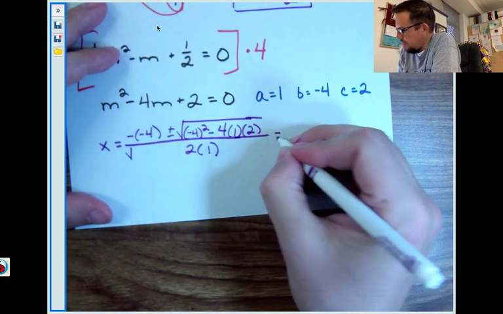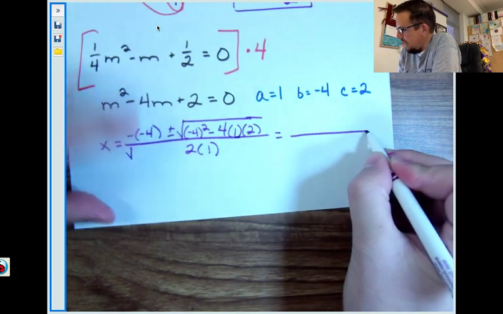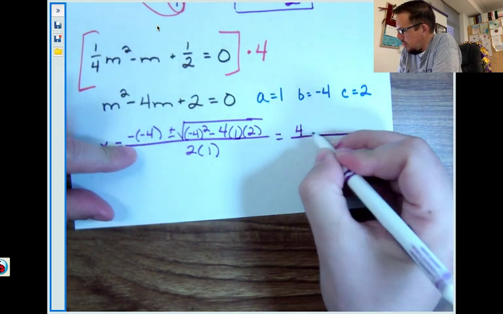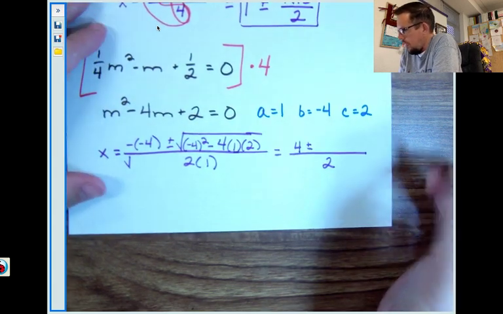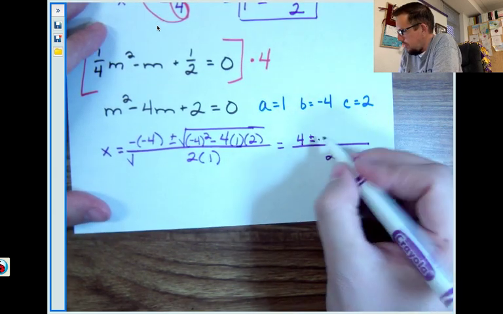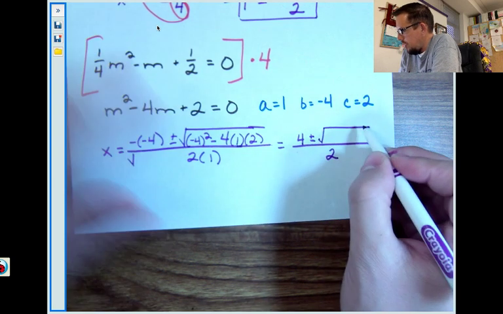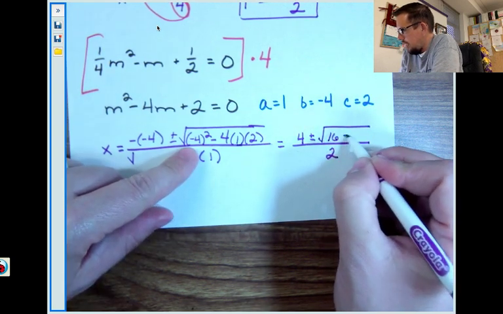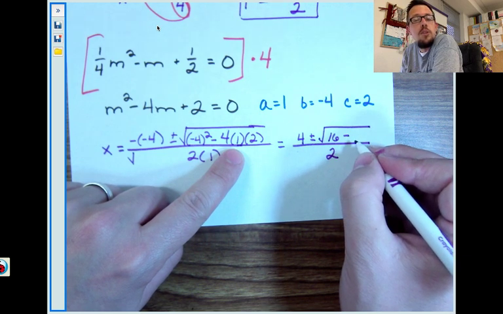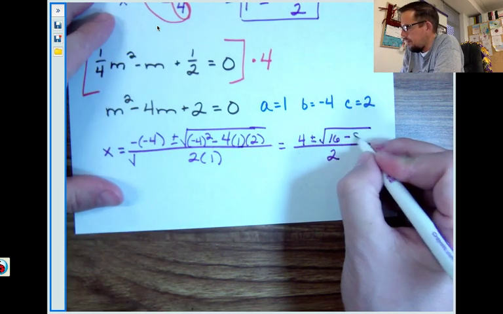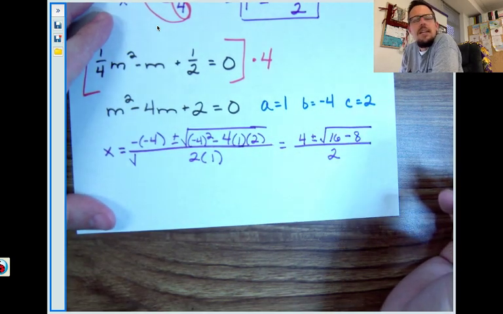Okay, so negative 4 is 4. And on the bottom, 2 times 1 is 2. Let's do the square root here. 16 minus 4 times 1 times 2, which is 8. So 16 minus 8 is 8.